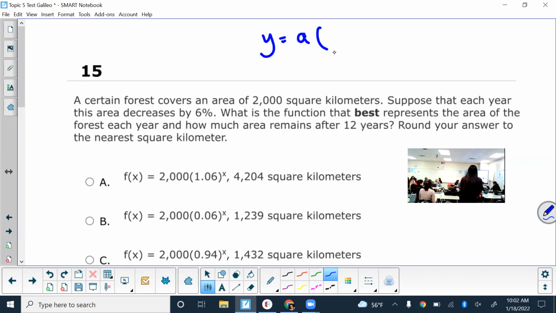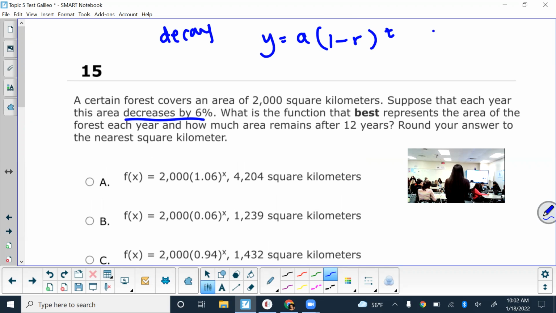Is it increasing or decreasing in the problem? Then you need to use the one with the minus sign. It says decreasing, so that's your indicator that it has to be the decay formula. The one with the minus sign is for decay.